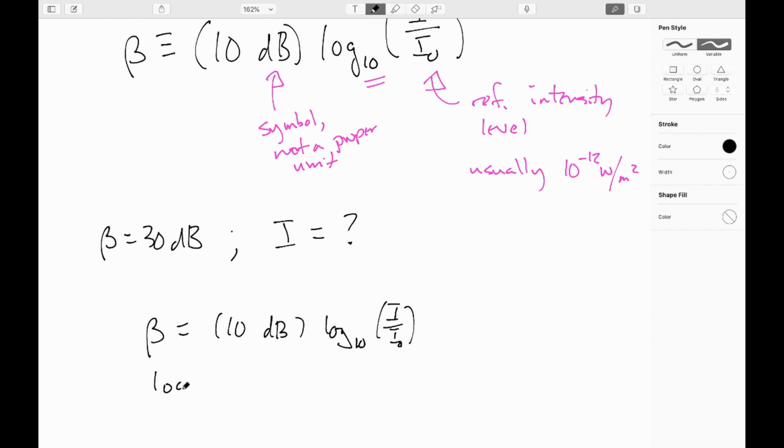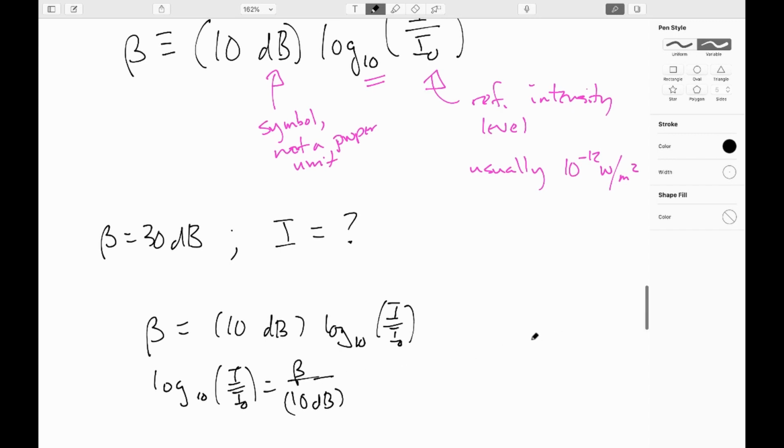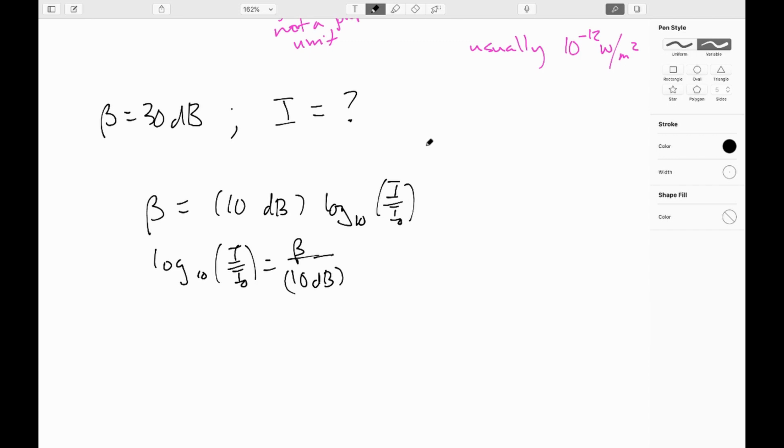So we'll say, all right, log base 10 of I over I naught is equal to beta over 10 dB. And we remember from logs that the inverse operation of taking a log is to take 10 and raise it to that thing's power.